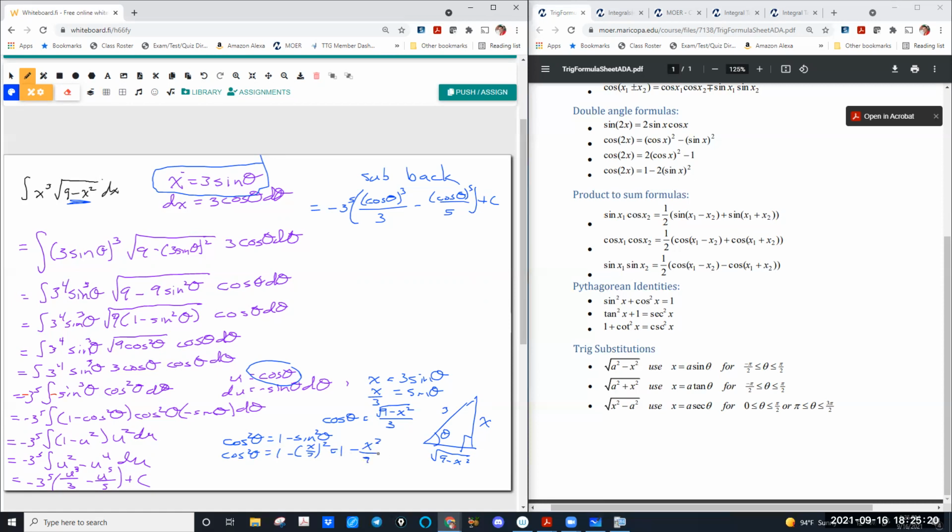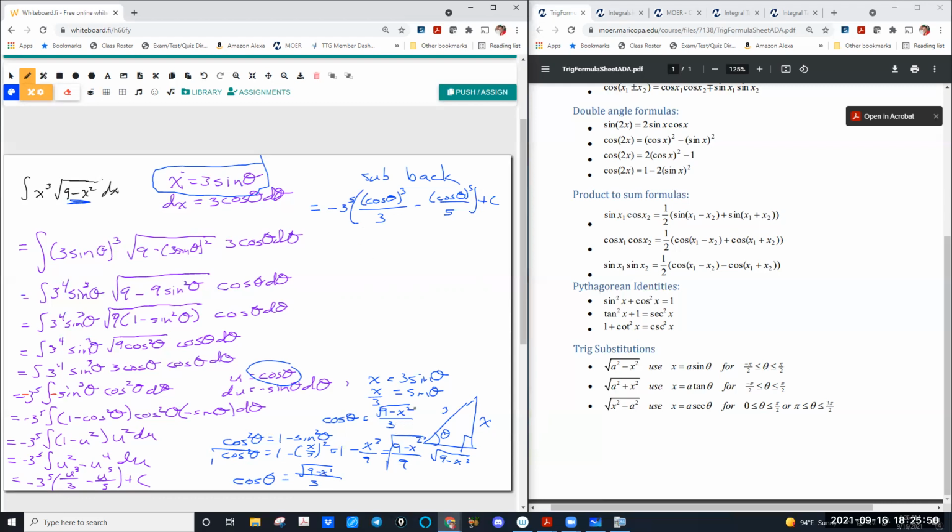Finding a common denominator would give us 9 minus x squared over 9. And then taking the square root of both sides is what gives us cosine of theta equals square root of 9 minus x squared, and then the square root of 9 is 3. You got user preference on that. Whatever you think is easier, you'll see in my videos, I like using the right triangle.